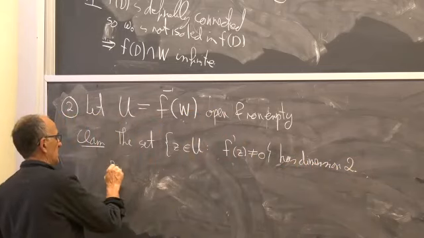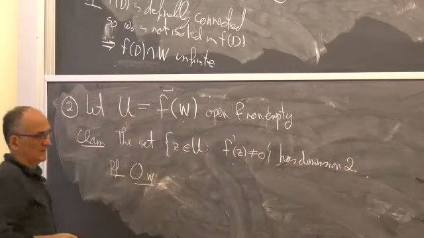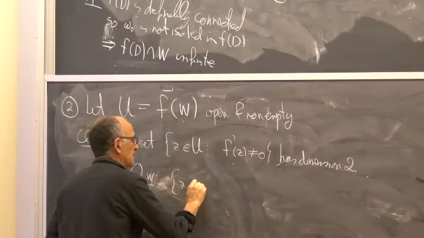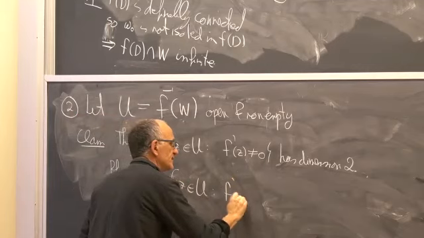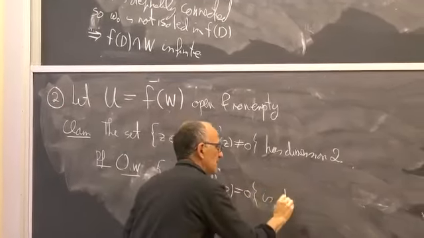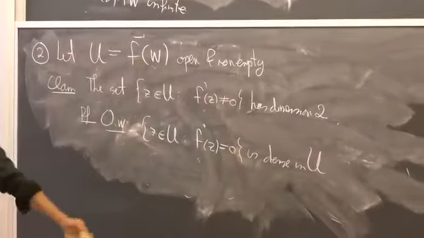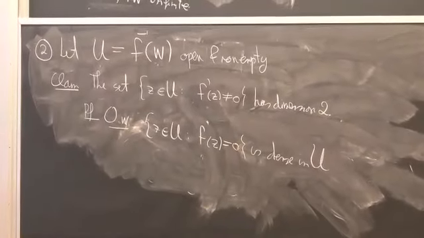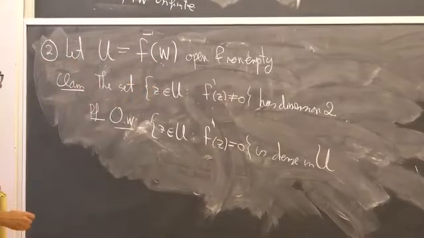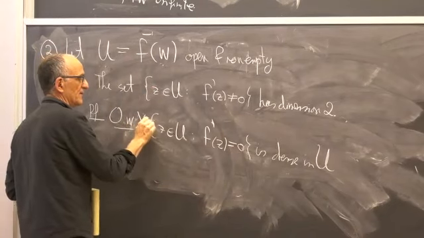Cool. So this is an open set. If not, then the set of all Z in U such that f prime of Z is equal to 0 is dense in U. But this is a closed set. Actually, do we know that it's a closed set? No, we don't need that it's a closed set. Let's call it X.